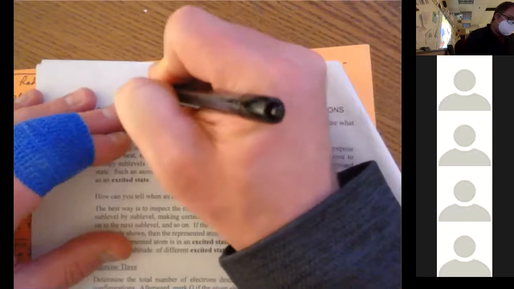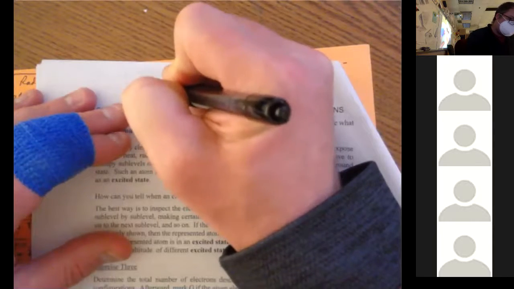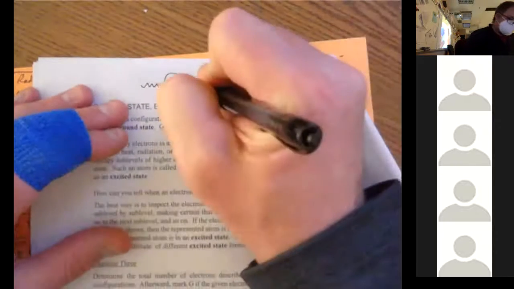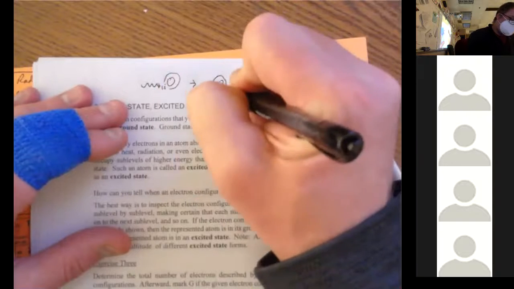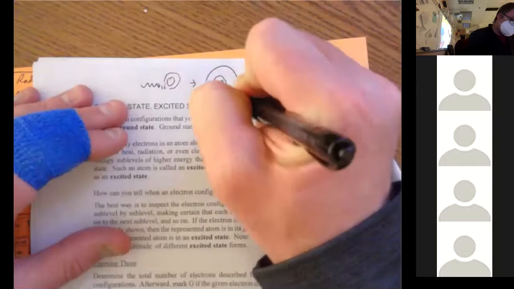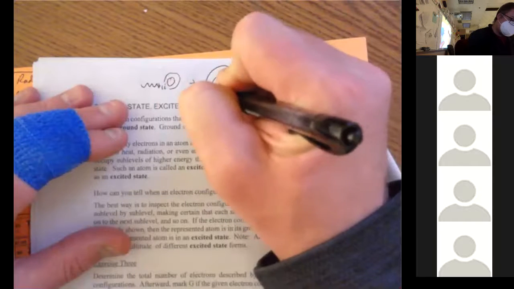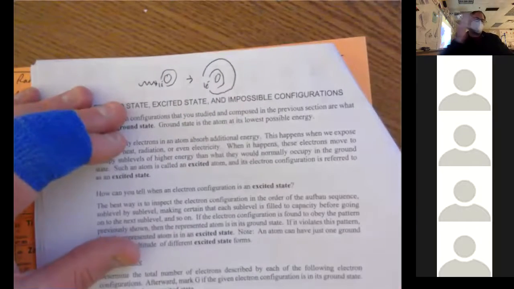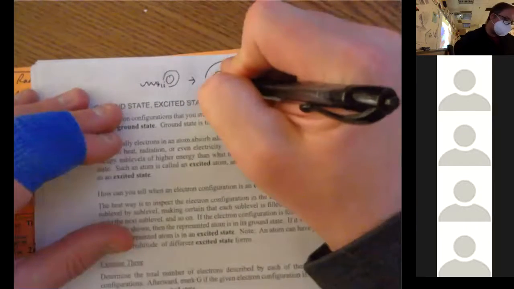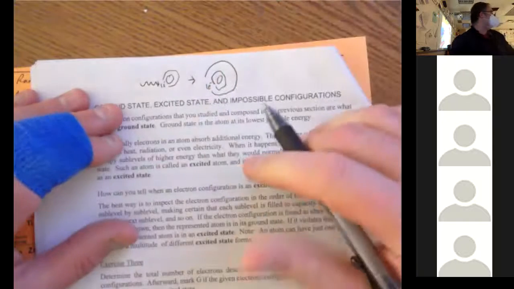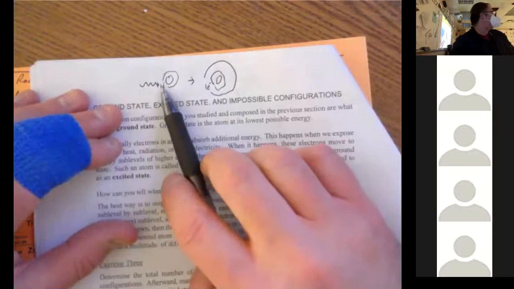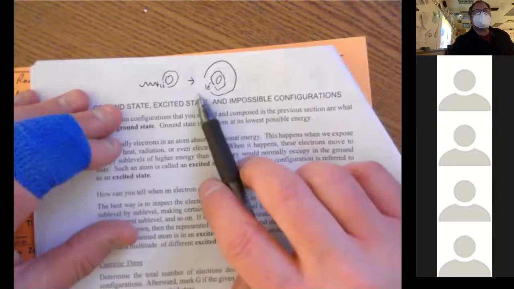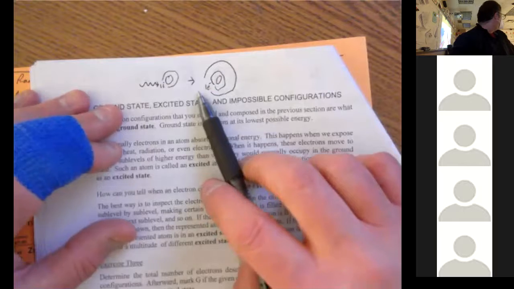If we give that electron energy, boom, it may jump up from that first ring to a later ring. Remember, we said the further away from the nucleus you get, the more energy you have. So we just gave that electron a lot more energy. Boom, it jumped away from the nucleus.